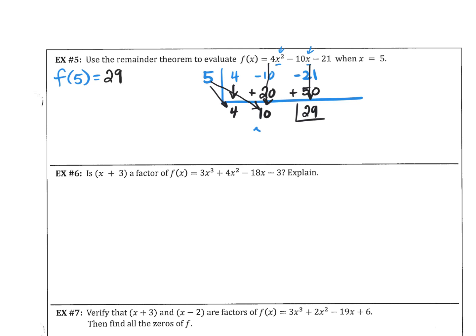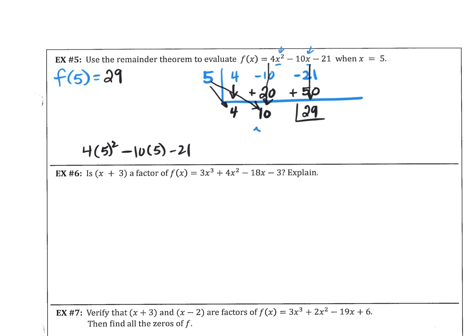Guys, this is the same as if we had done 4 times 5 squared minus 10 times 5 minus 21. By the time you write that down and plug all that with parentheses into your calculator and hit enter, you could have done it using synthetic division, probably faster and more accurately, okay? Or at least as accurately in your head, okay?